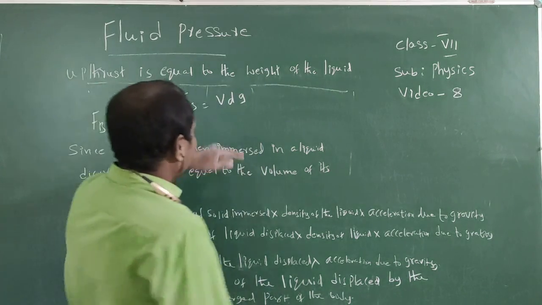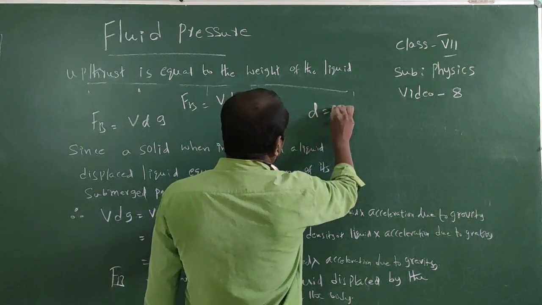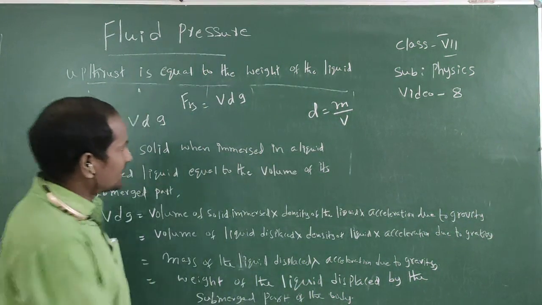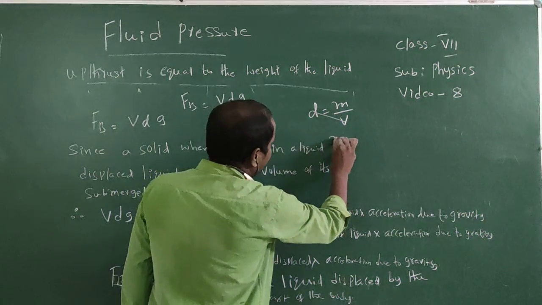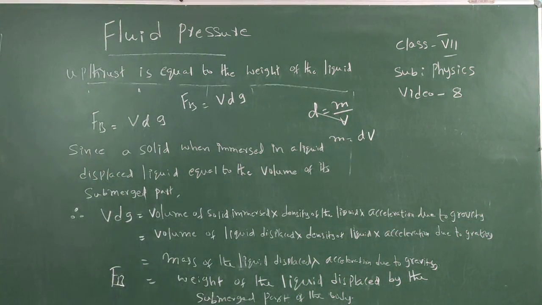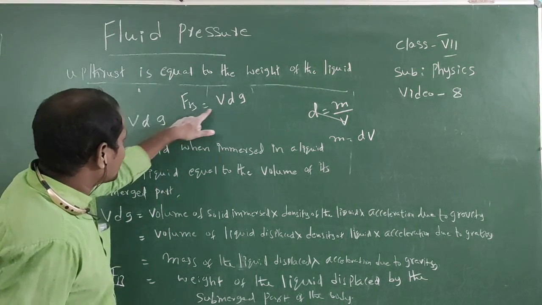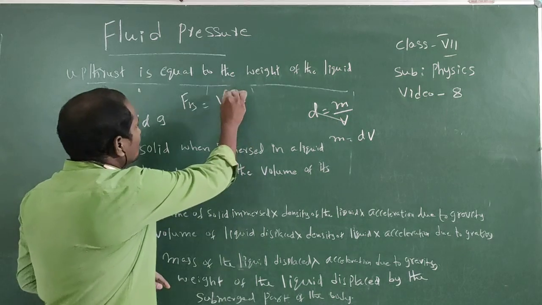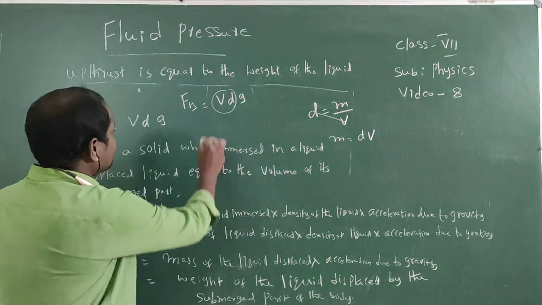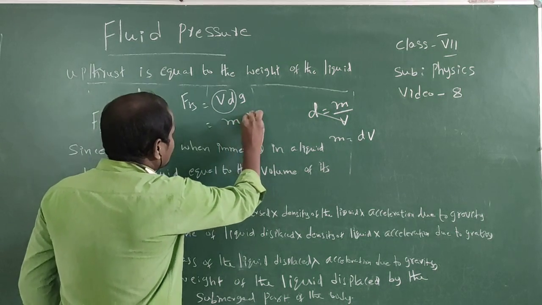We know that d equals mass by volume, so m equals density into volume. So F equals V d g, and this total value is the mass of the body, which gives mg.